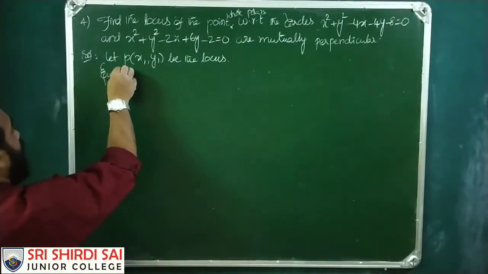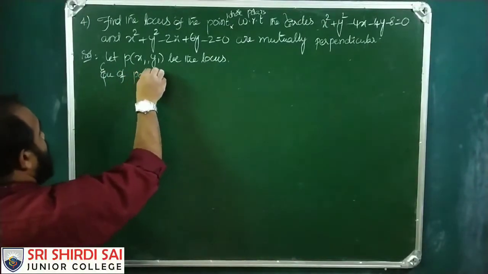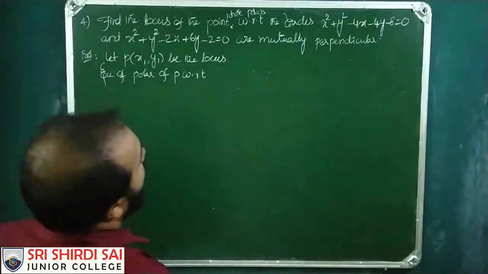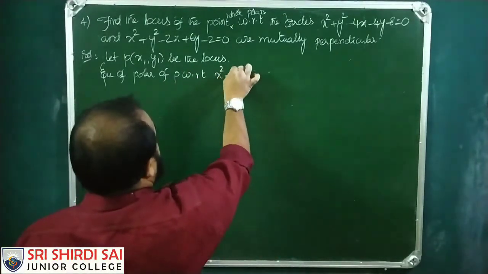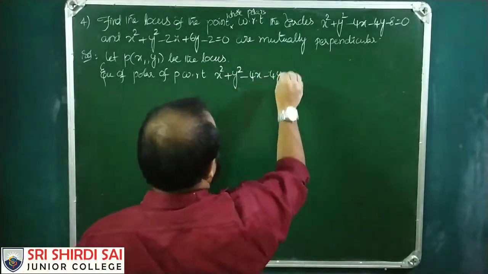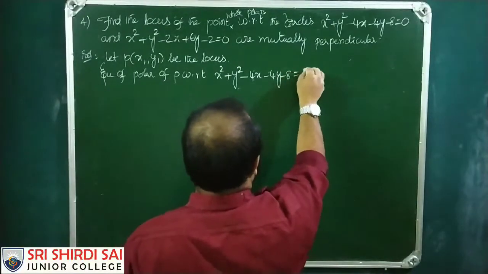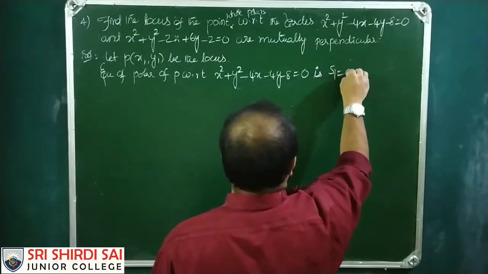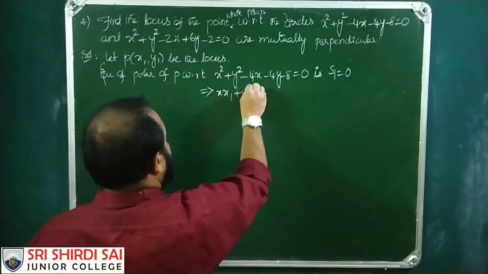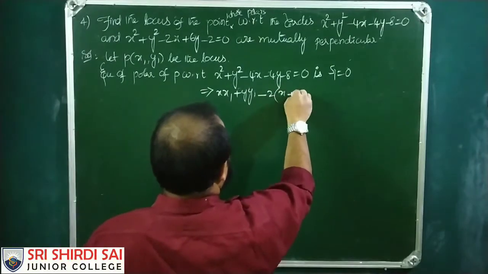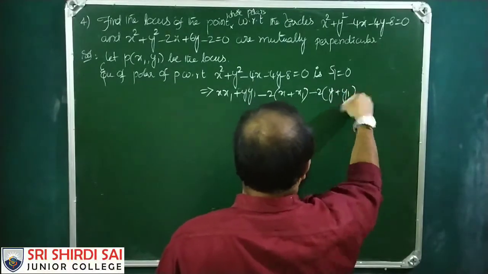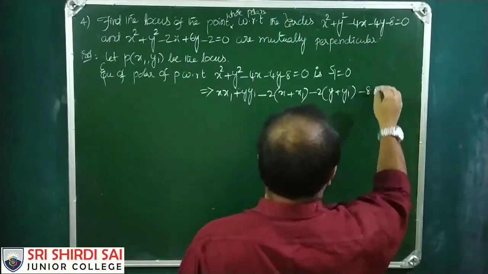So the equation of the polar of P with respect to the circle x square plus y square minus 4x minus 4y minus 8 equals to 0 is S1 equals to 0. That means x1 x plus y1 y minus 2 into (x plus x1) minus 2 into (y plus y1) minus 8 equals to 0.